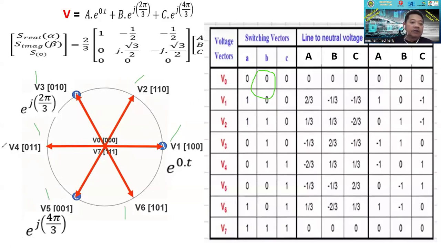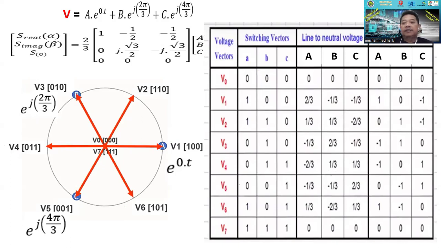So we go to the next page. Then we get the final results of all the calculations of the amount of each position of the vector from V1 until V6.